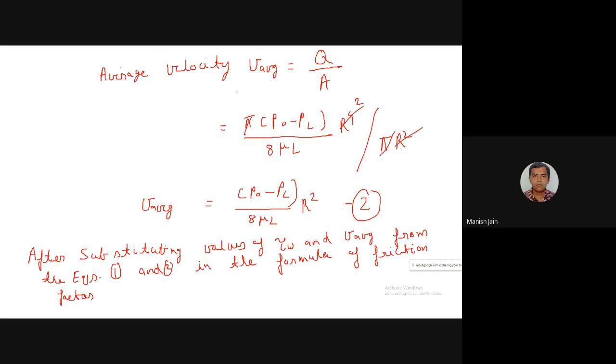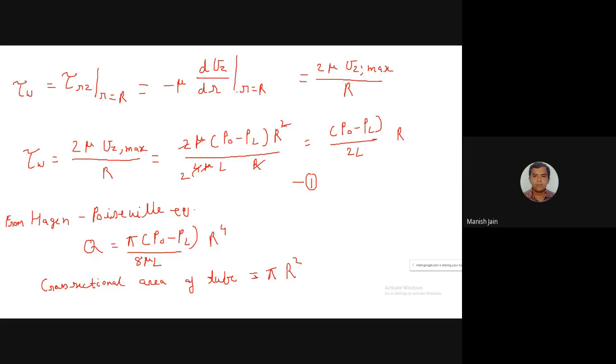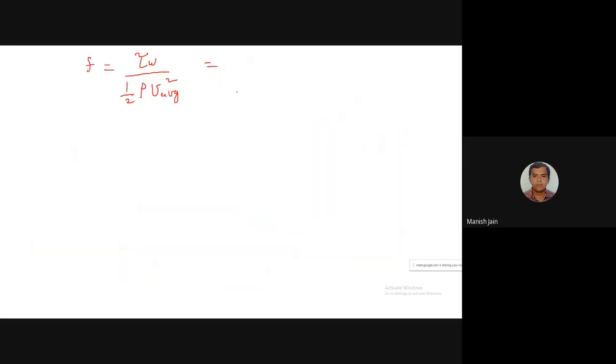Okay, now tau w, from equation number 1, equals (P naught minus PL) divided by 2L, times R, divided by 1 by 2 rho multiplied by V average square.